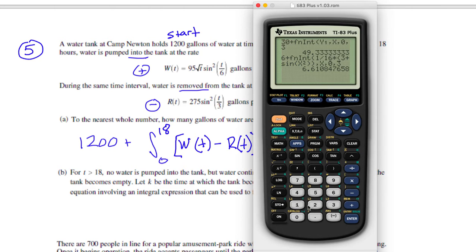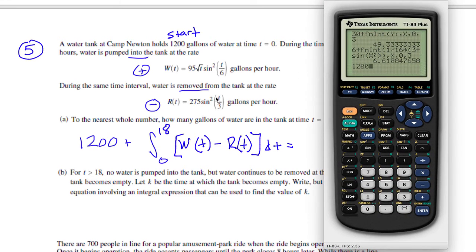And here we go. 1,200. Okay, this is going to be a little bit hairy. Am I worried about? No, this is kind of all simple. If this had lots of pluses and minuses, I probably would enter it into y1 and y2 to make sure I get everything right, but this is going to be fine. So plus math 9 of, here we go. So it's going to be 95 square root, we have 10 seconds left. Well, I'll finish this in a sec.